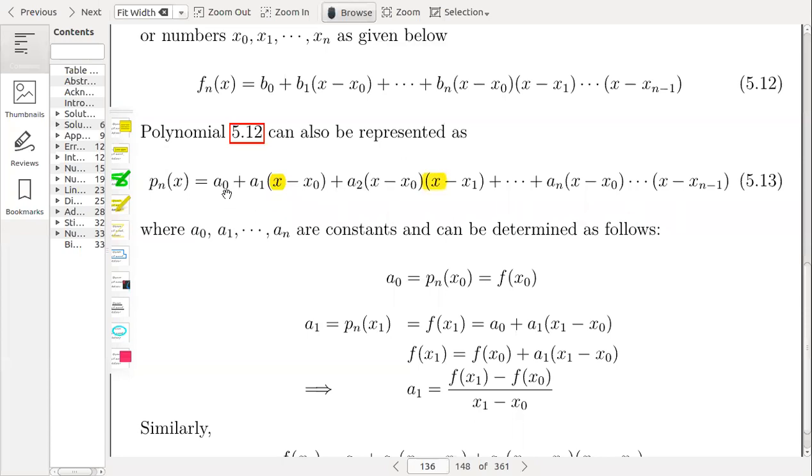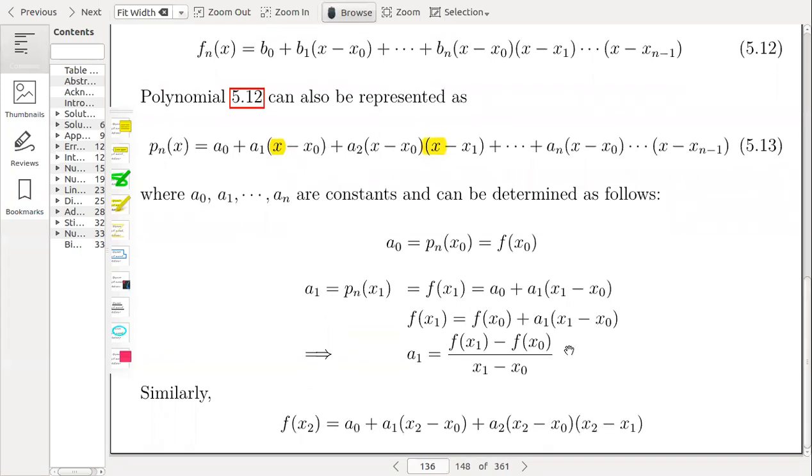And we are left with two terms, a0 plus a1 into x1 minus x0. After simplification, we will get the value of the coefficient a1.